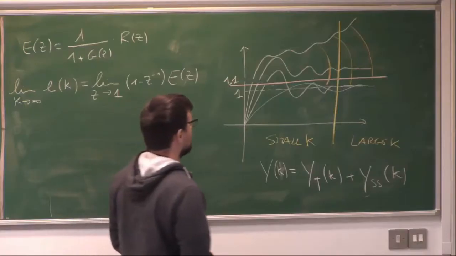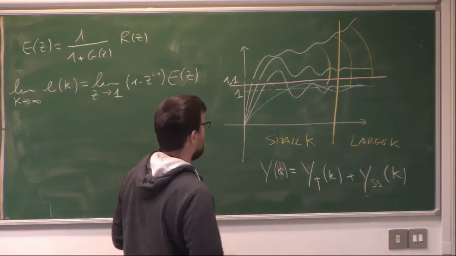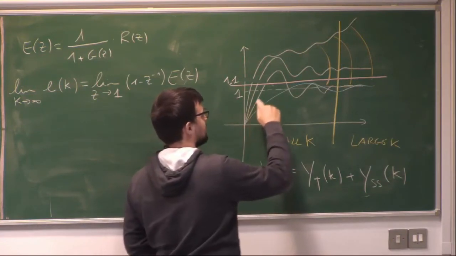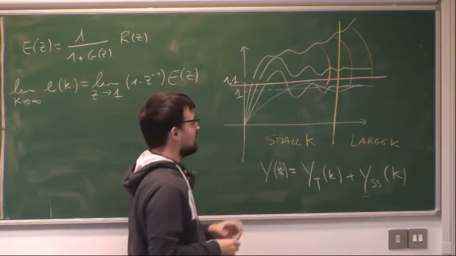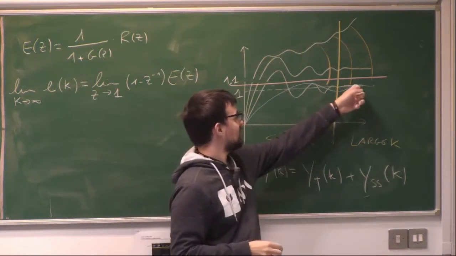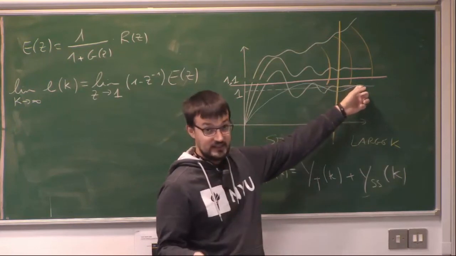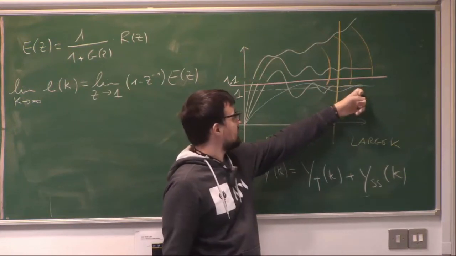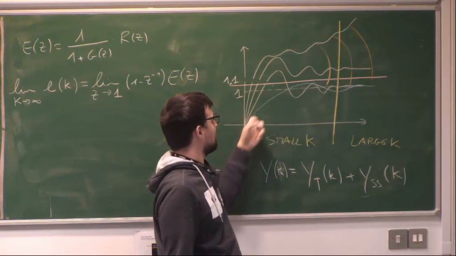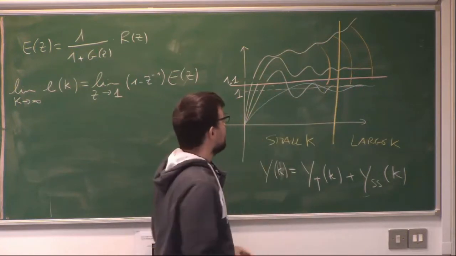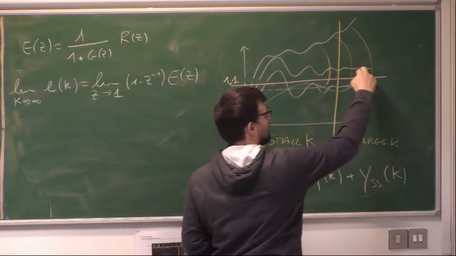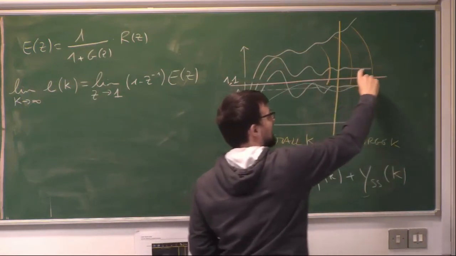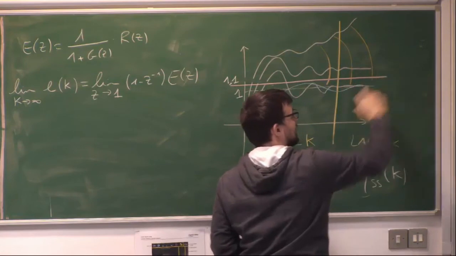So let's look back at the board, and we consider this response here, that is converging to 1. So obviously, what is the steady state error between this response and 1? It is 0. So this response is the response of a system that is of type 1. Then let's look instead at this other system that is converging to this line here. What is the error? The error here is a constant.